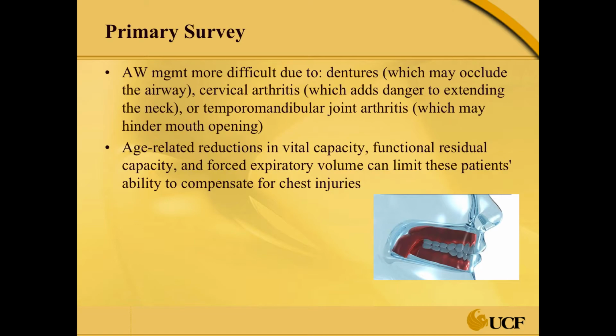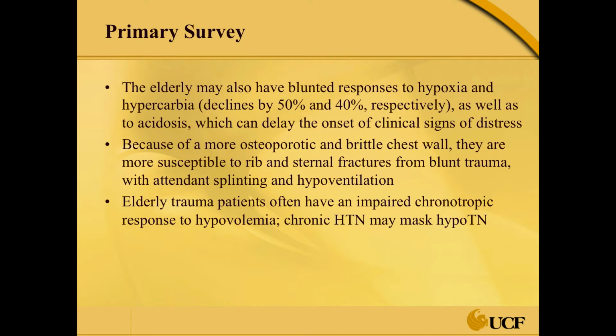But even if we're not smokers, as we age, our vital capacity and the functional capacity of our lungs really begin to reduce because basically we lose the elasticity and recoil function of the pulmonary system, and as a consequence, unfortunately, we end up getting these problems. The elderly may also have a blunted response to hypoxia and hypercarbia, as well as to acidosis, which can then delay the onset of clinical signs.